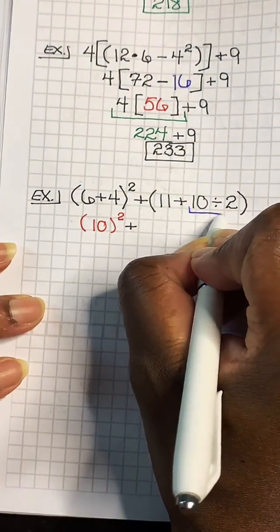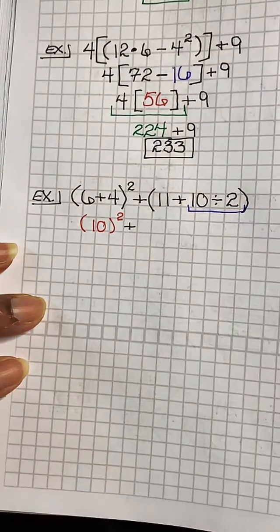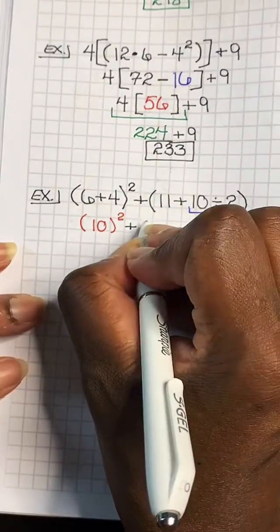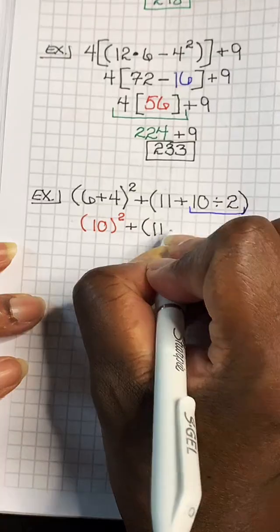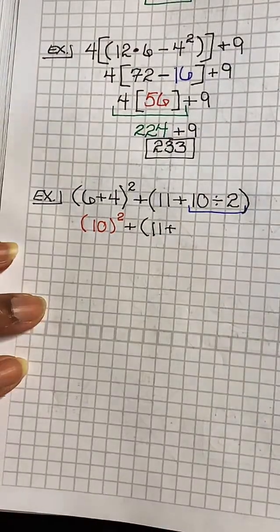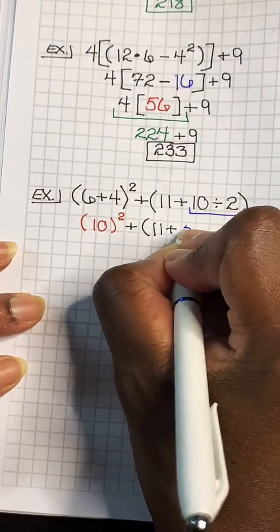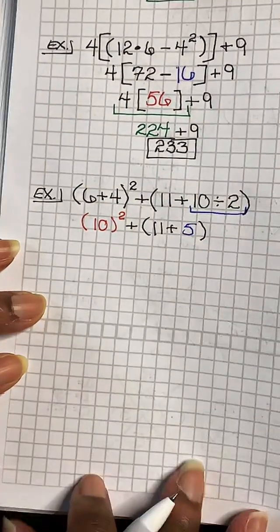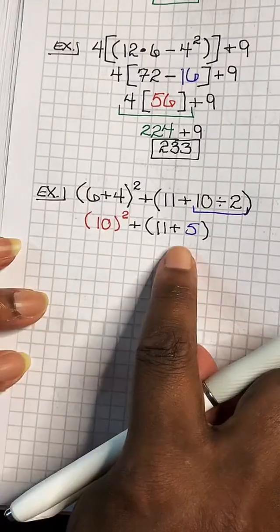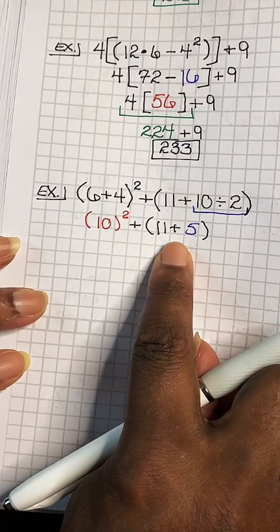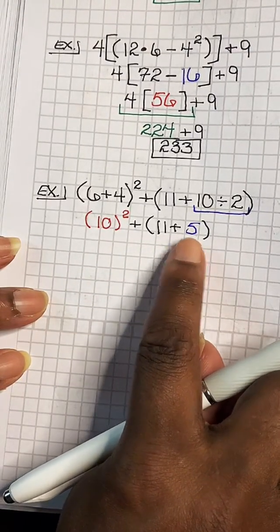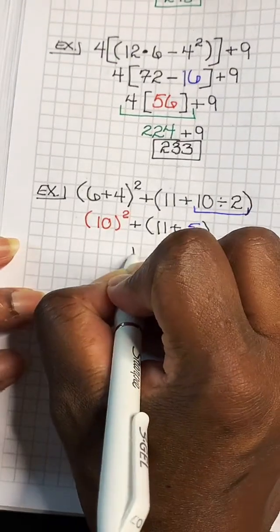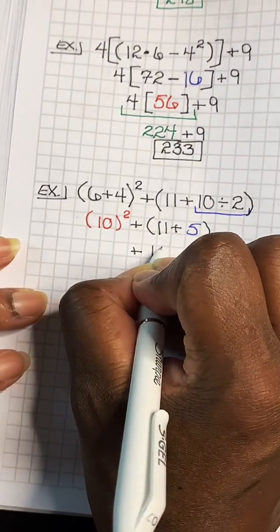So we need to combine these two. Inside our parenthesis, we have 11 plus 5. That gives us our 16.